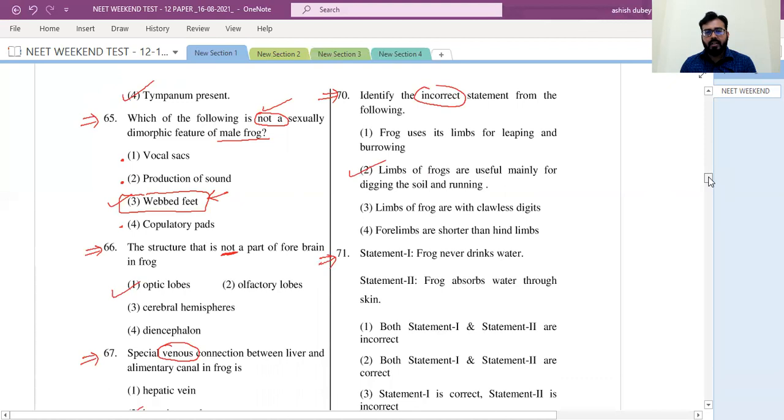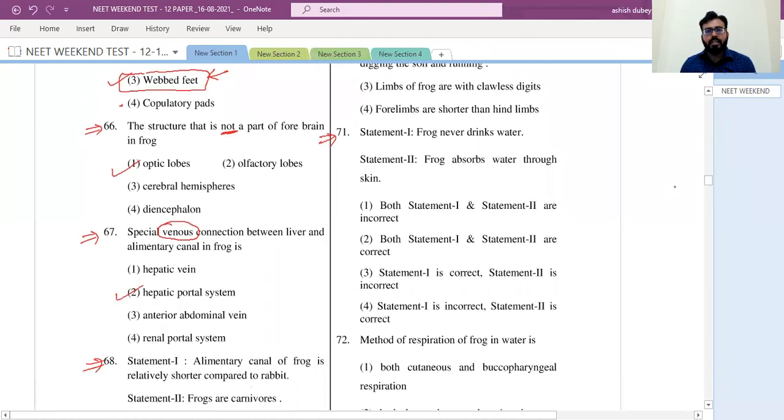Question number 71. Statement 1, frog never drinks water. Yes, it never drinks water. Whatever amount of water it needs, it absorbs from the skin directly because its skin is moist, thin, and highly vascular. Statement 2, frog absorbs water through skin. Yes. So statements 1 and 2 both are correct, and statement 2 is correctly explaining statement 1.